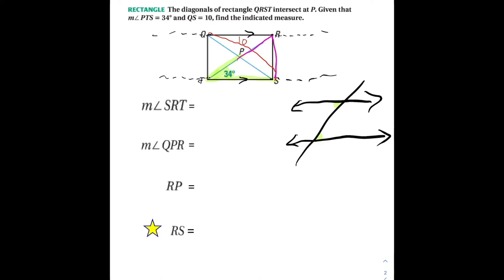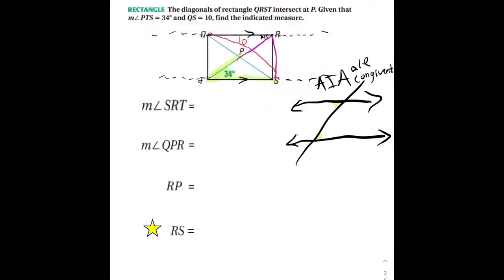This is review from earlier in semester 1. Alternate interior angles are congruent. So this angle over here is also this angle here.